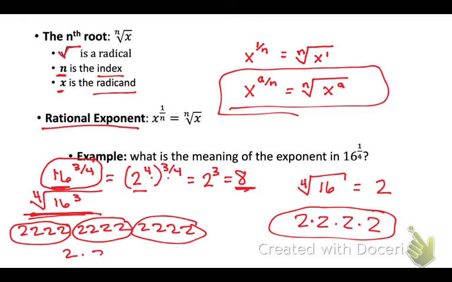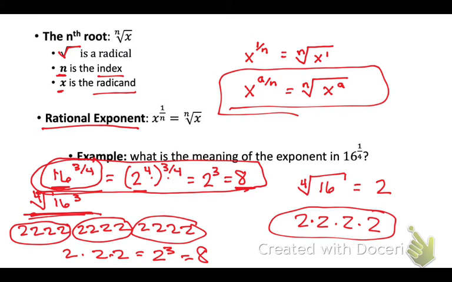So that's 2 times 2 times 2, or 2 to the 3rd, or 8. Was it easier just to do it with the rational exponents? Yes.